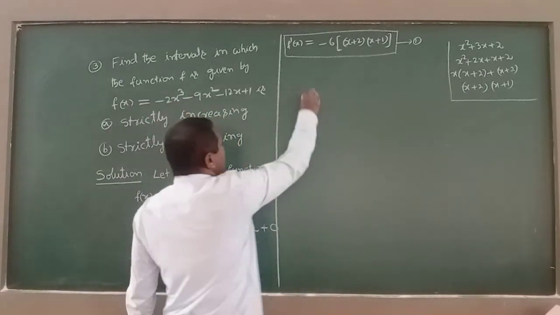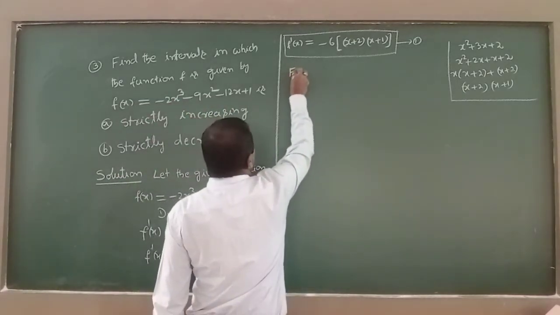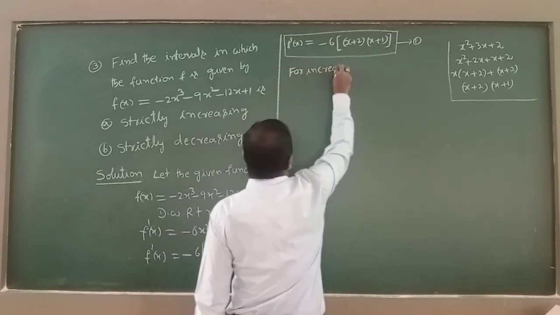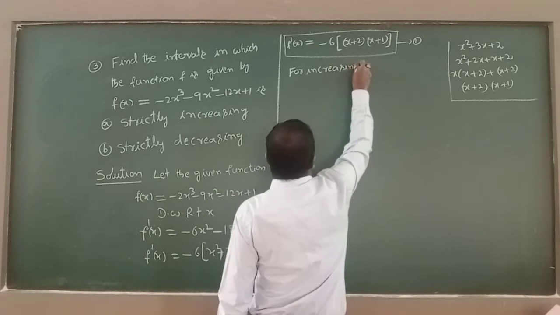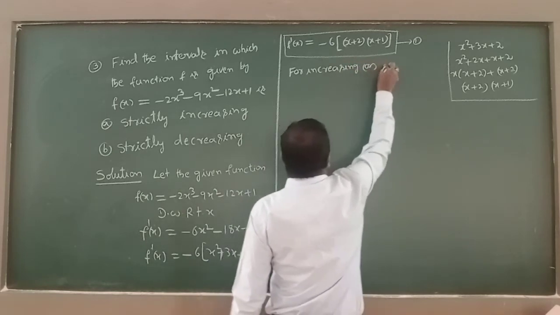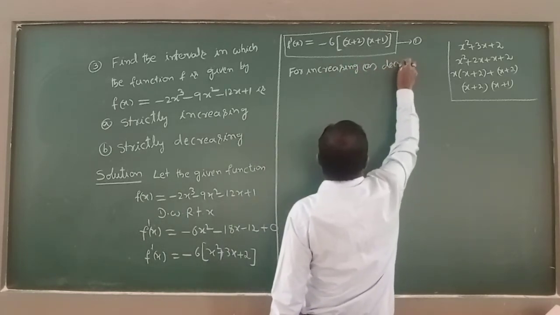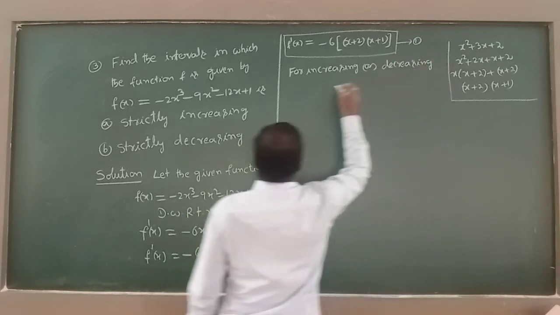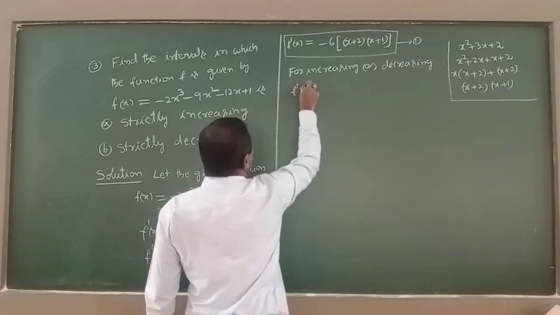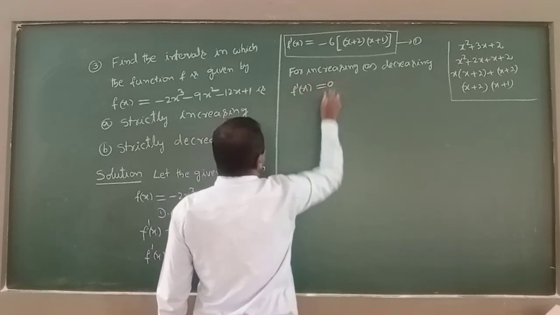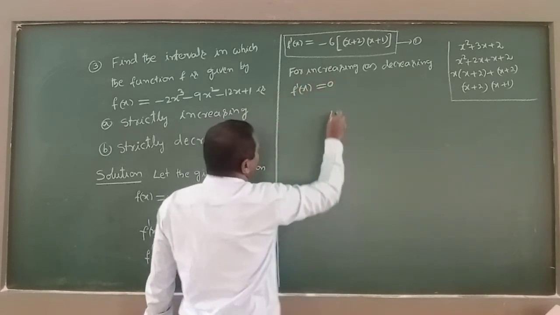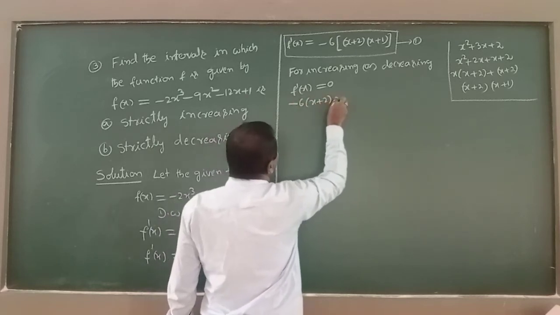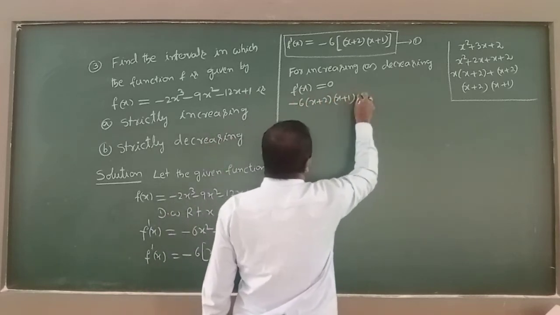Next step: for increasing or decreasing, f dash of x equal to 0. That is, minus 6 of x plus 2 into x plus 1 is equal to 0.